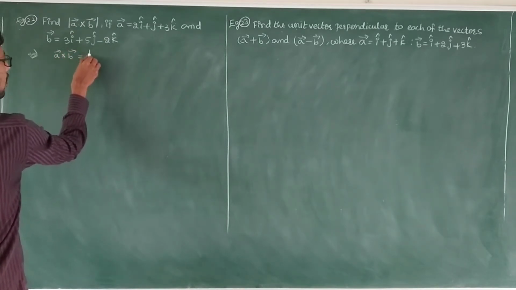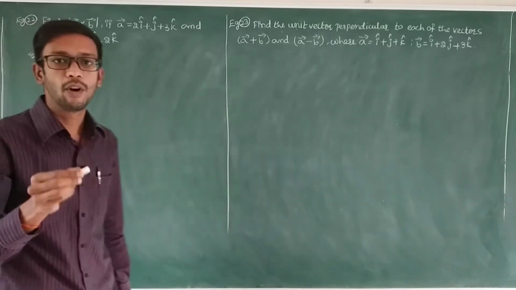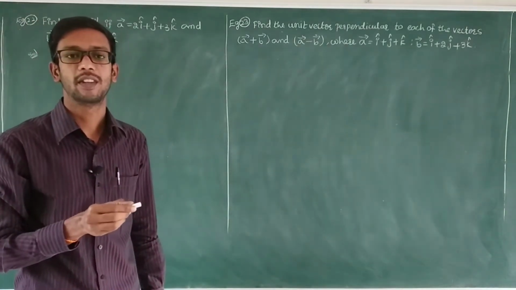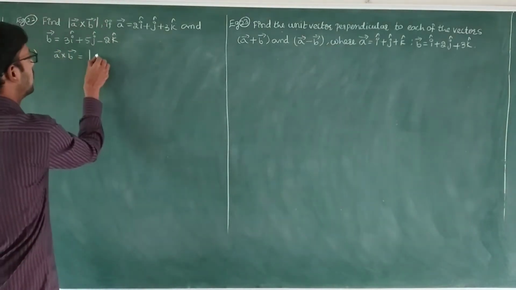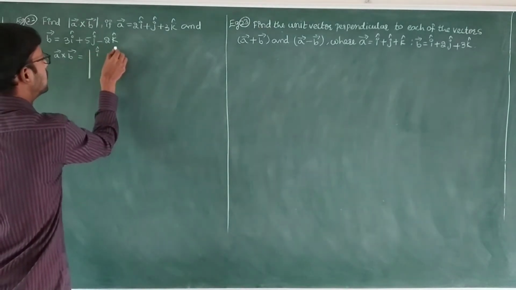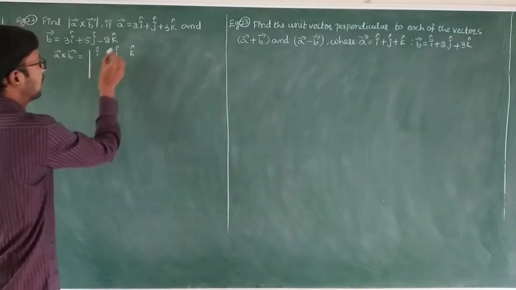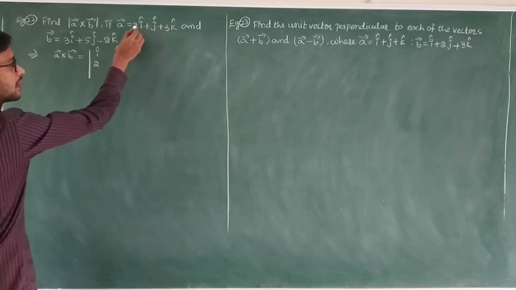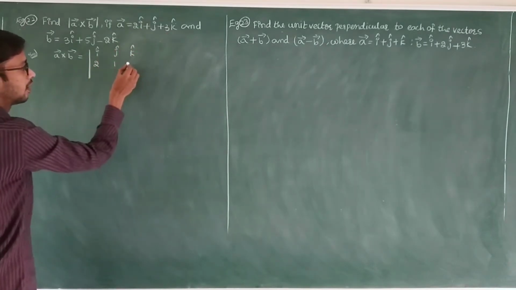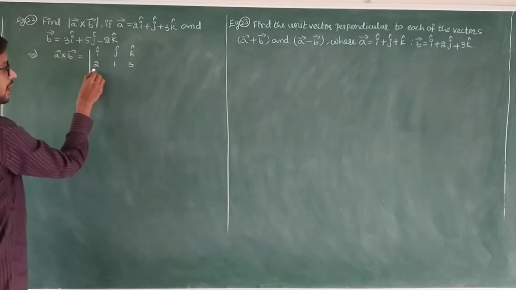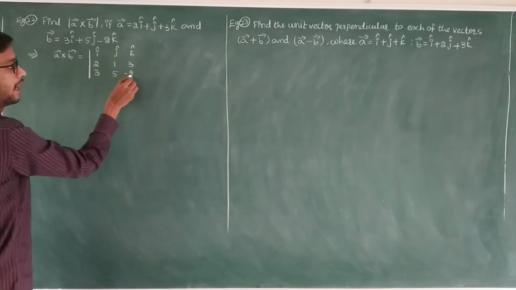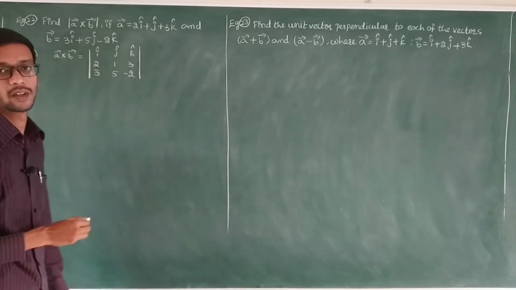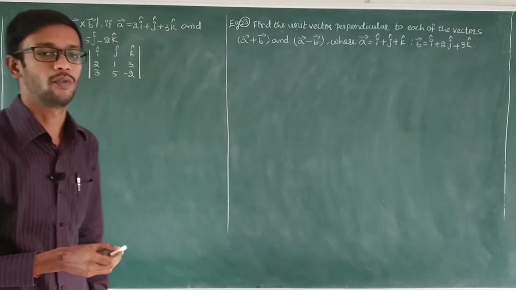In component form, the cross product is the determinant with i cap, j cap, k cap. Write down the coefficients of A: 2, 1, 3, and the coefficients of B: 3, 5, minus 2.